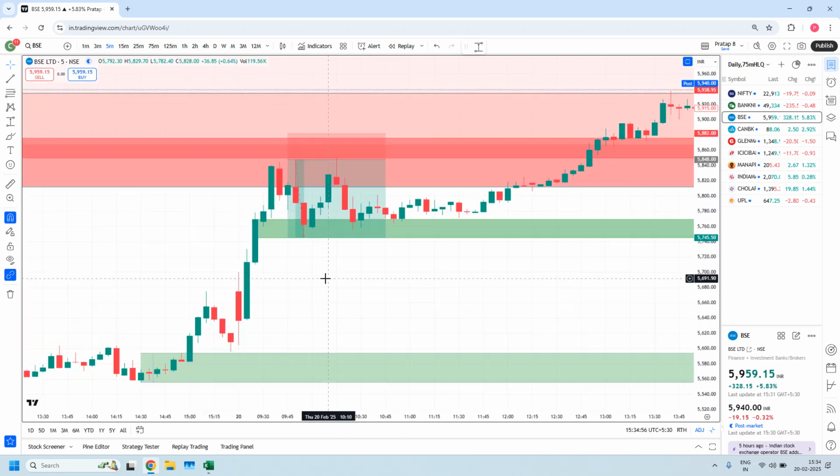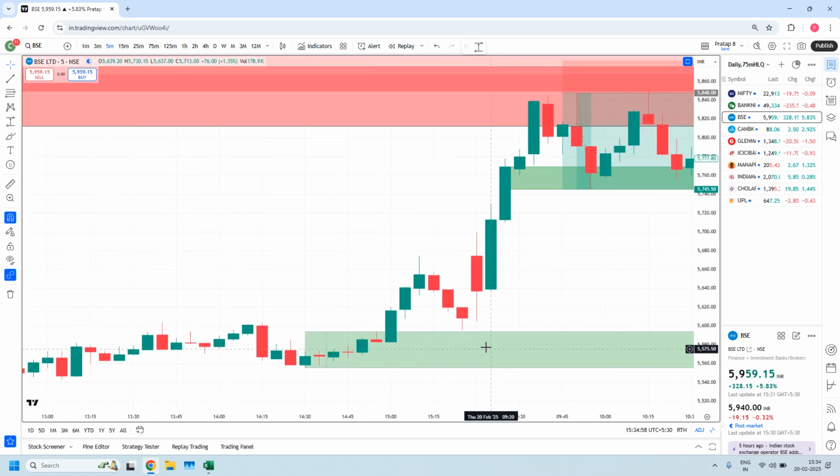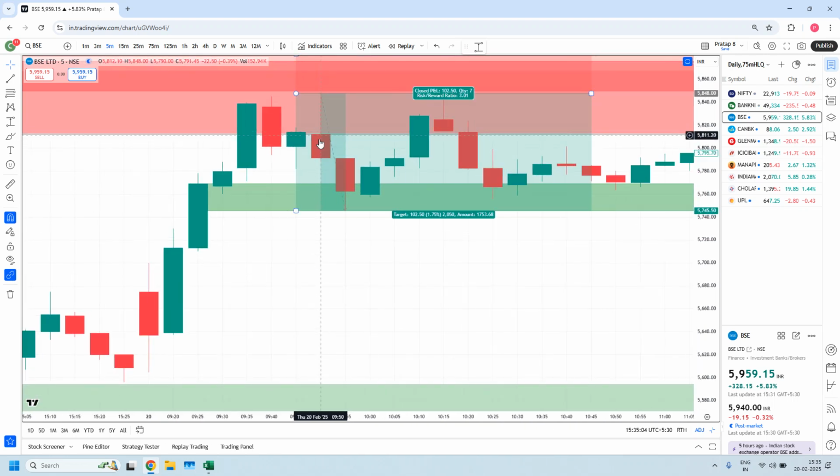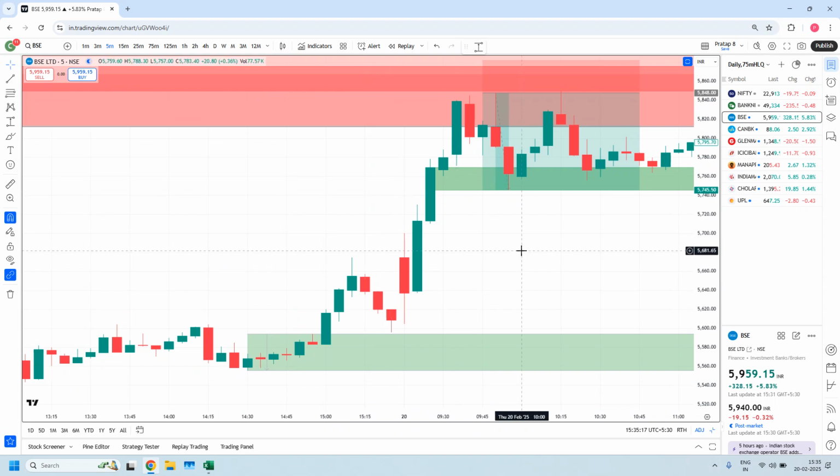See, today what happened? Market started in the morning at the 9:50 candle. It reached maybe a very small entry buffer, and after that it reached the 1:3 RR.